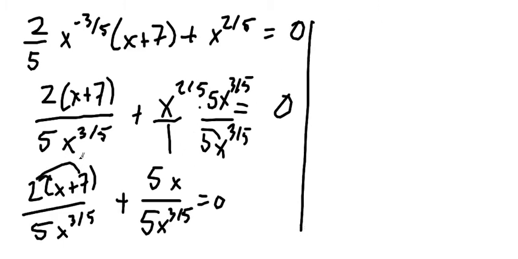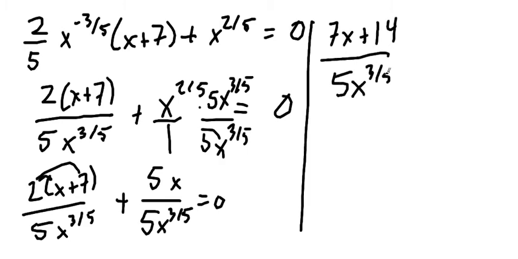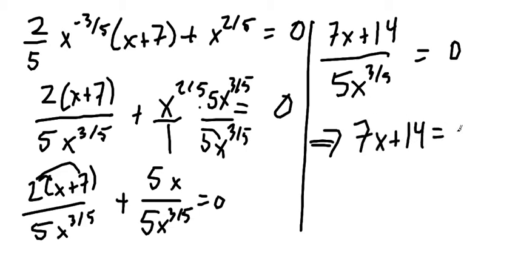That's 2x plus 14, so 2x plus 14 plus 5x gives me 7x plus 14 over 5x to the 3/5 equal to 0. Great. And then if a over b is equal to 0, then a is equal to 0. So 7x plus 14 is equal to 0. We already solved this: x is equal to negative 2.